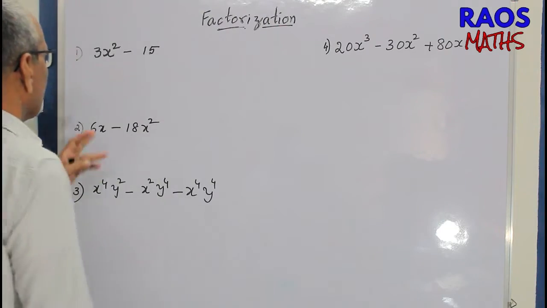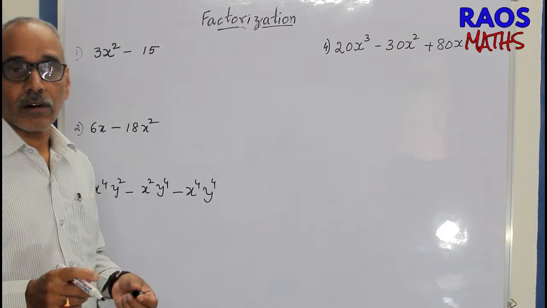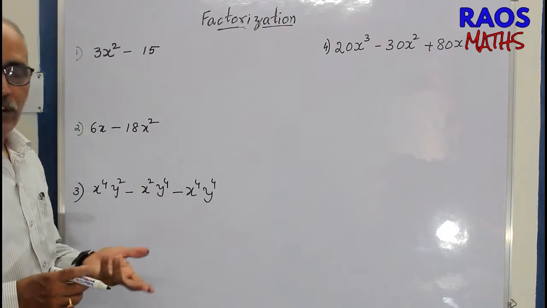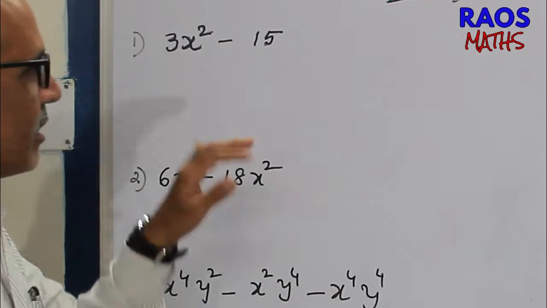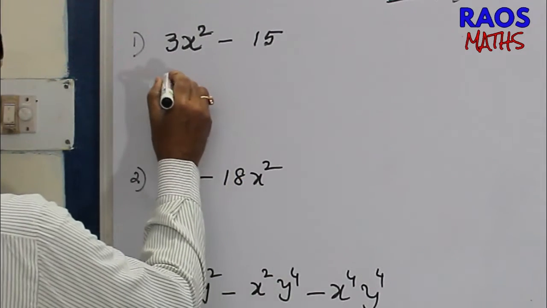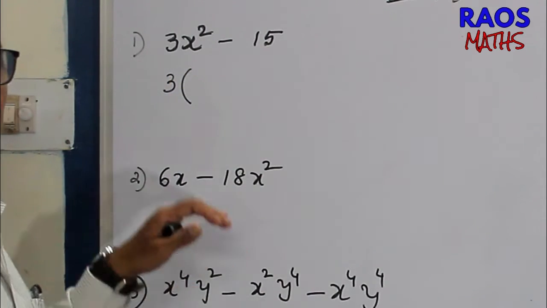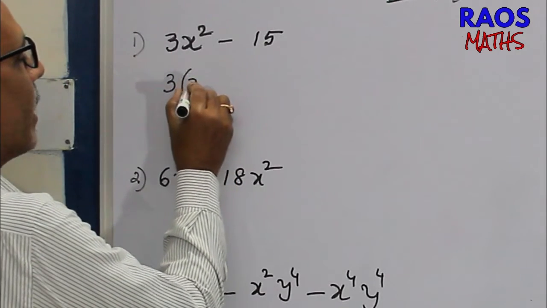The first question. I said the HCF is the key tool in factorizing an expression. Here we have 2 terms. It is a binomial. The common factor for each of the terms in this binomial is, of course, 3. We take 3 as the common factor. The rest of the factor in the first term except 3 is x square.